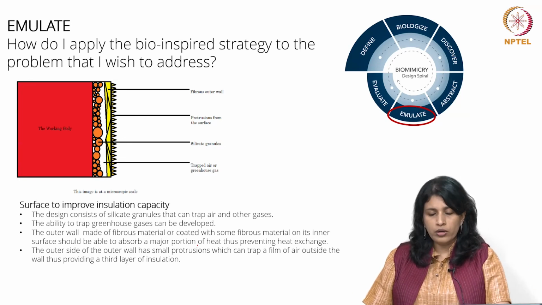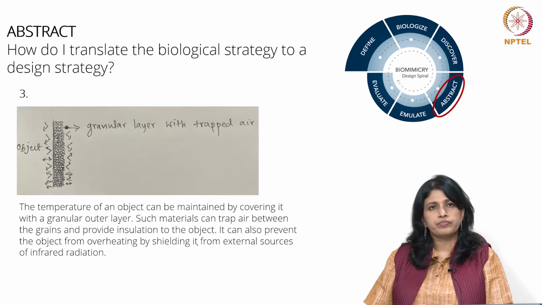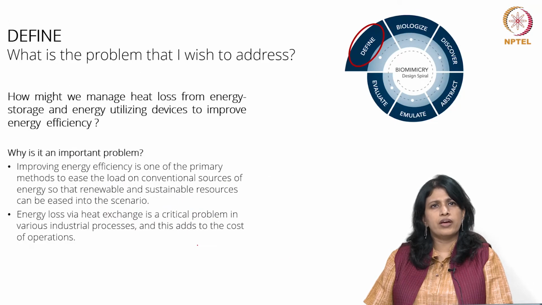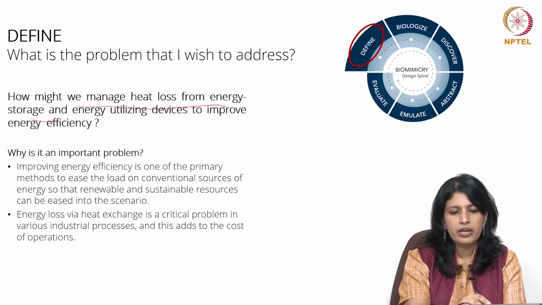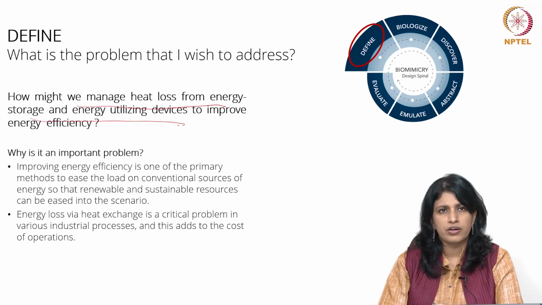So if you recall, the problem that was defined in the first step was, I'm just going back there, how can we manage heat loss from energy storage and energy utilizing devices?